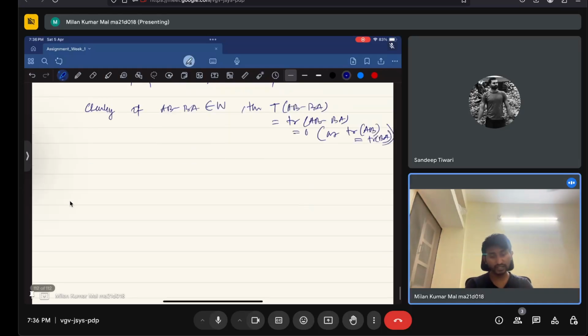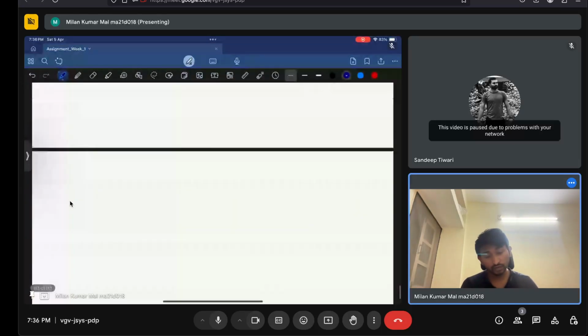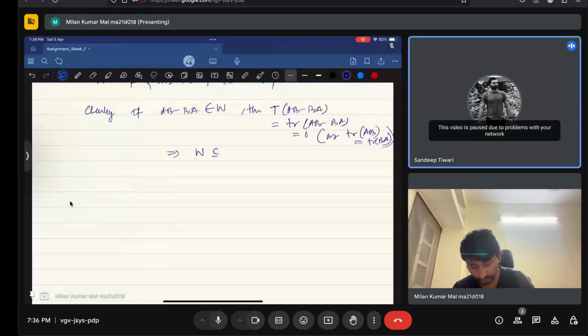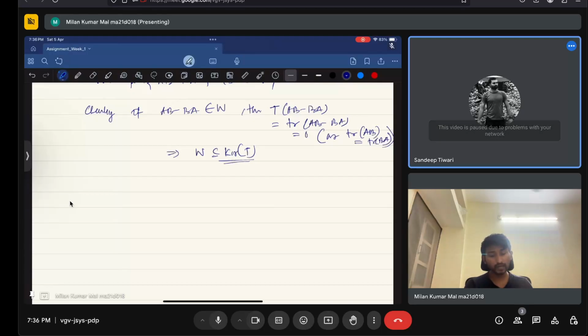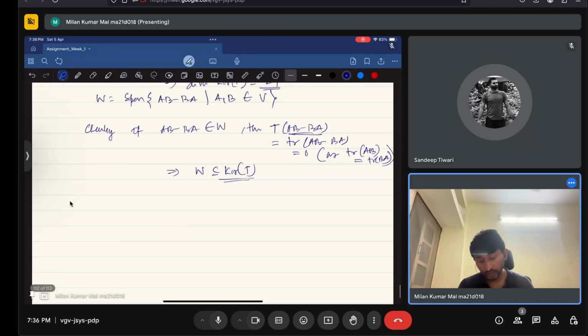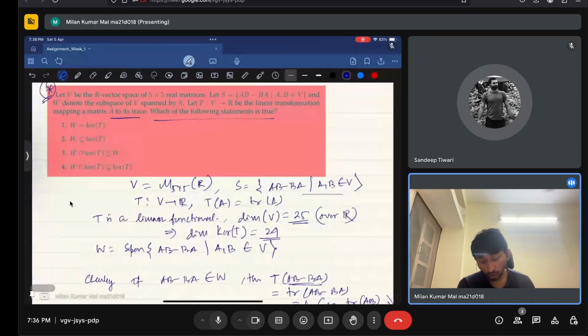So I can first split it using linearity, trace of AB minus trace of BA, and then use this fact. So W is inside the kernel.